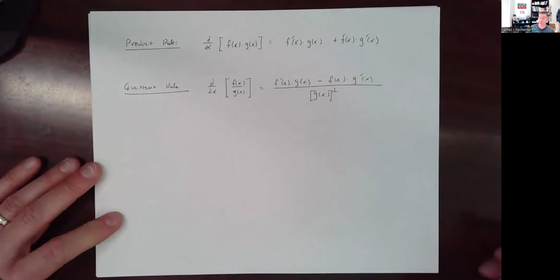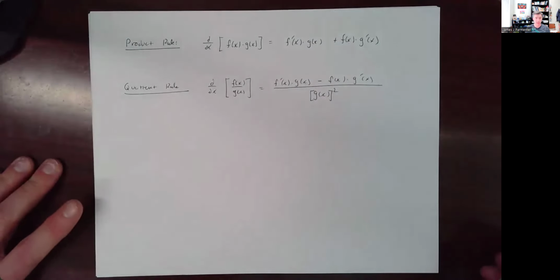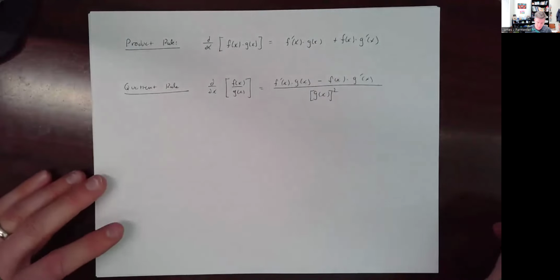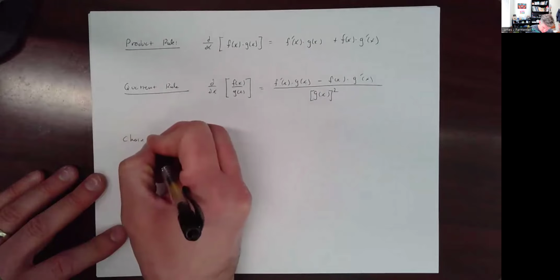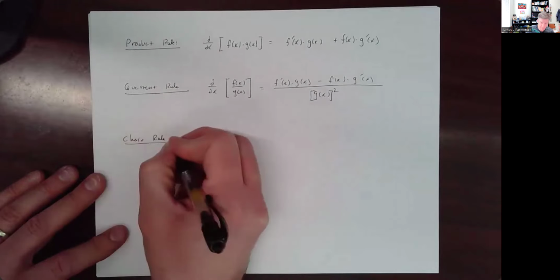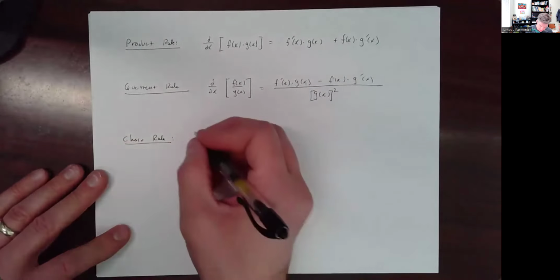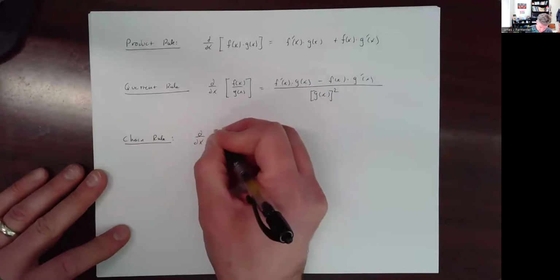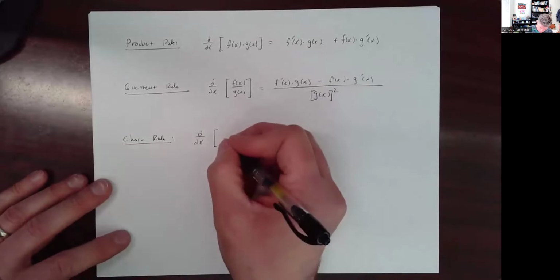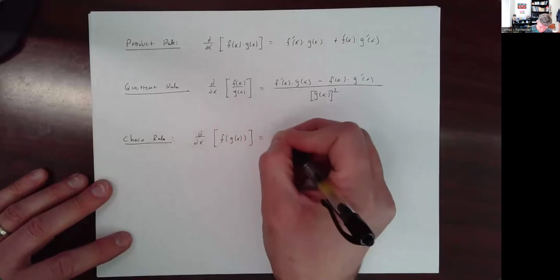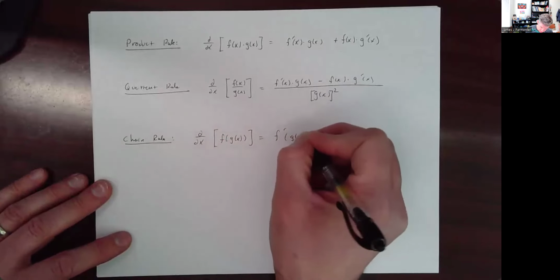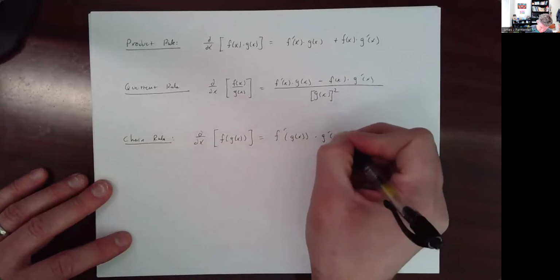And lastly, what we haven't talked about yet, which I will get into in a minute here, is the chain rule. So very formulaically, the chain rule says that the derivative of a composition of functions f of g of x is equal to f prime of g of x times g prime of x.